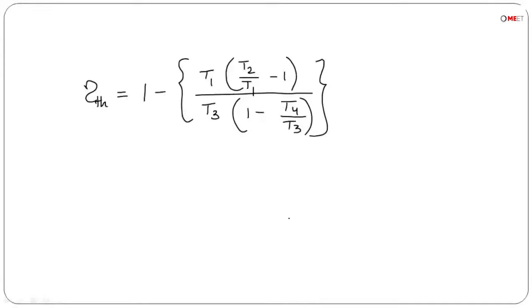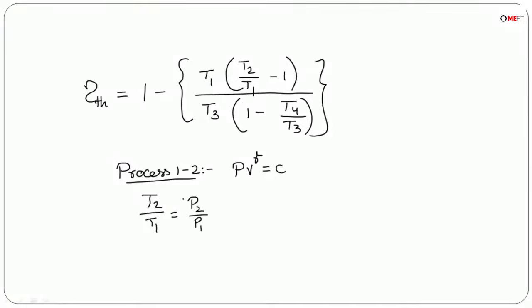Now see process 1 to 2. Process 1 to 2 is isentropic compression, so we can write PV to the power gamma equal to constant. From this, T2 by T1 is equal to (P2 by P1) to the power (gamma minus 1) by gamma. P2 by P1 is nothing but the pressure ratio, so this will be Rp to the power (gamma minus 1) by gamma.